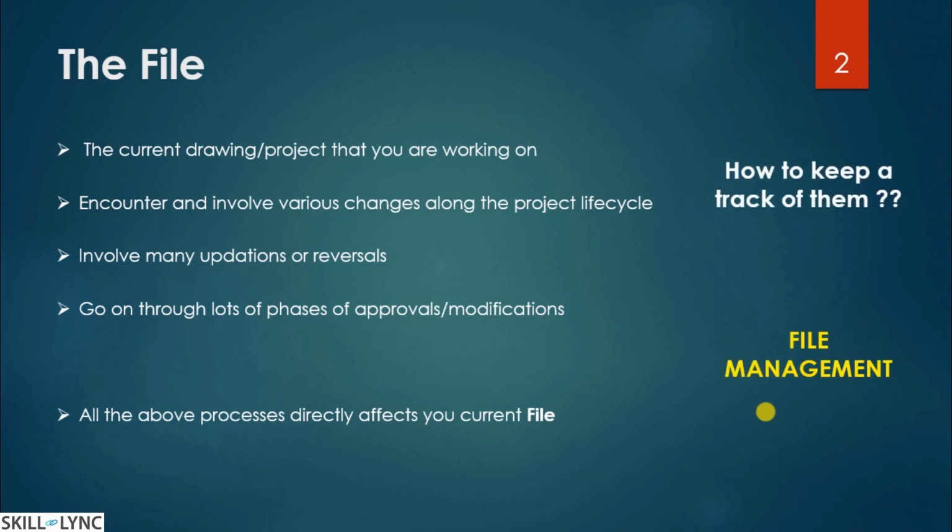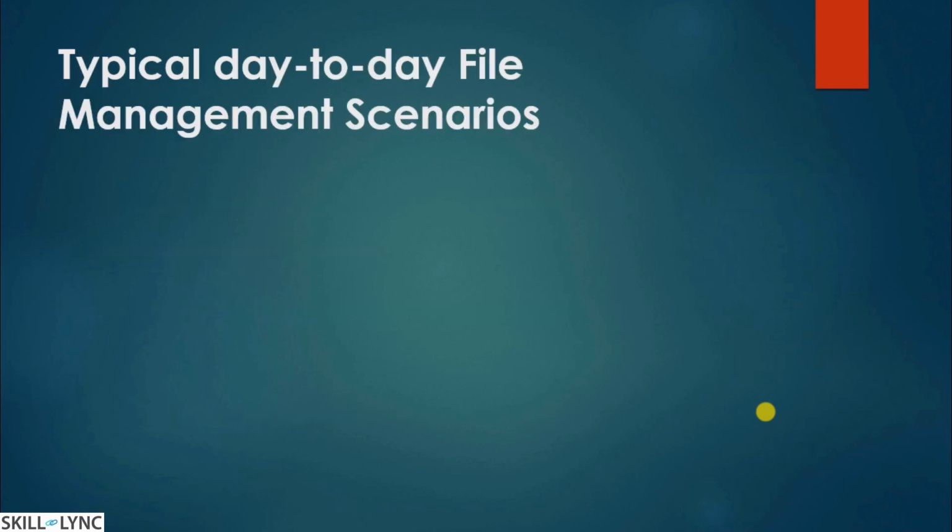So next, how to keep track of them. That's where file management comes in. Why keep track of the files? This is a very important area because of how we typically save the drawings. I'll give you a few scenarios here.